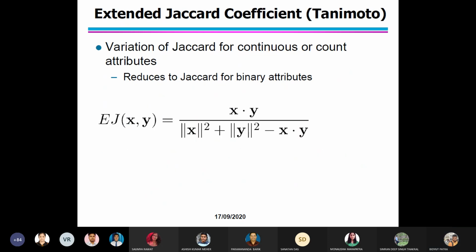Okay. There is also a measure called extended Jaccard. Its formula goes like this: the dot product, divided by the norm square minus x dot y.